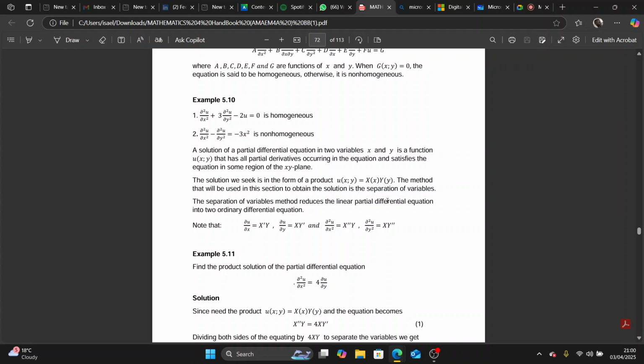I'm pretty sure you've heard of separation of variables in previous levels. The separation of variables method reduces linear partial differential equations into ordinary differential equations. Note that ∂u/∂x is X'Y, and ∂u/∂y is XY'. Okay, this is very important.